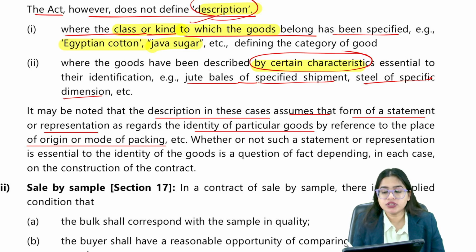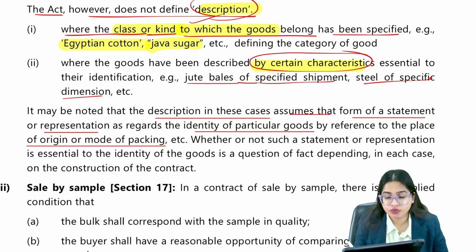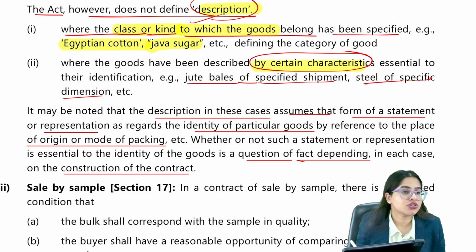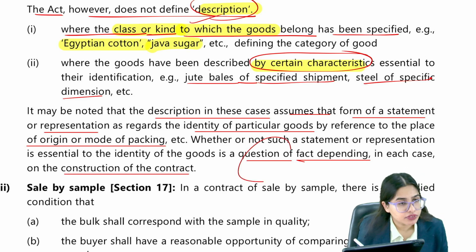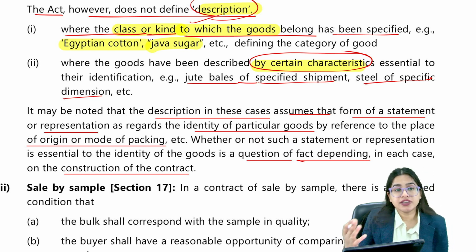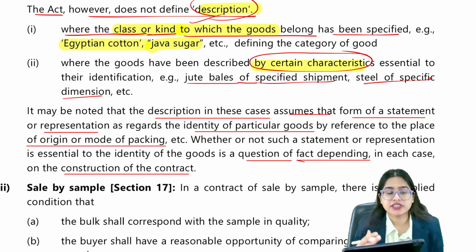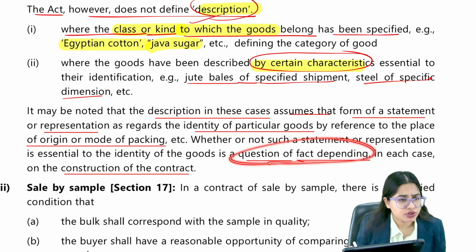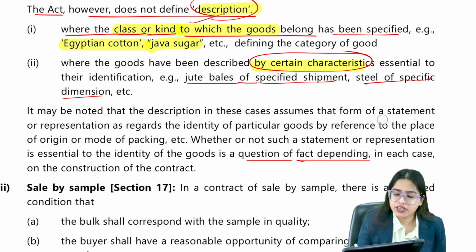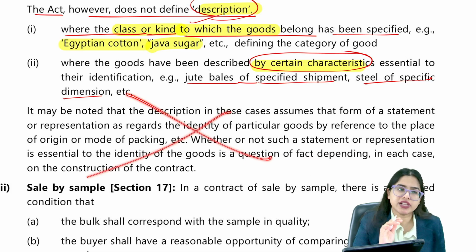Whether or not such statement is essential for the identity of goods is a question of fact, depending in each case on the construction of the contract. Here one point is given: whether a particular description is essential or not, whether it is a condition or not, is based on question of fact. Question of fact means it depends on case to case, on the situation, whether it will be a condition or not. Okay, no need to do this, you can ignore this last paragraph.